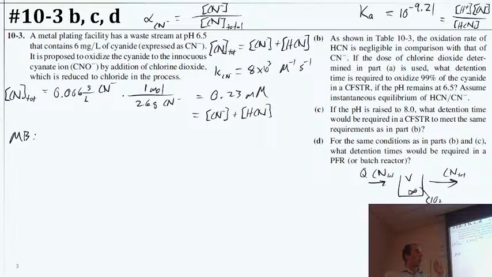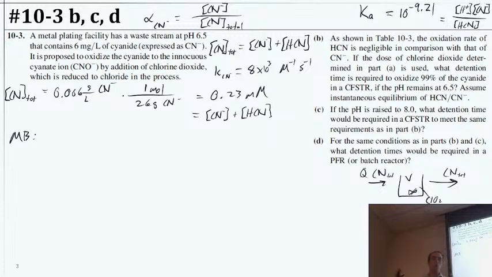Now, if you recall what's going on in a CSTR, we have chlorine dioxide, and everything else being well mixed instantaneously. It's an ideal reactor. So whatever our residual is that's coming out of the system when we're done with the reaction is the same thing as what's in there. So the concentration of our CN total inside that reactor and the concentration of our chlorine dioxide have to be the final concentrations.